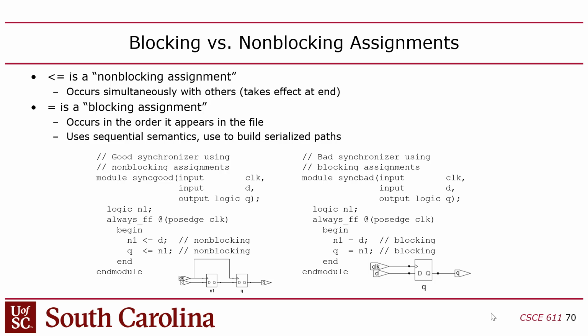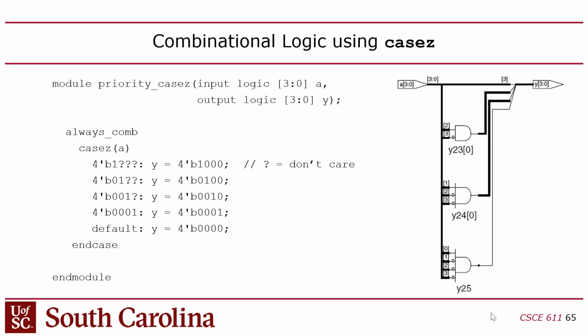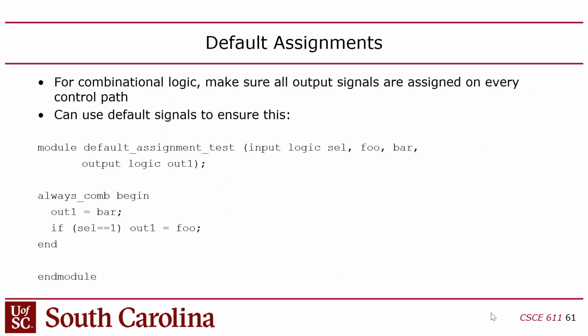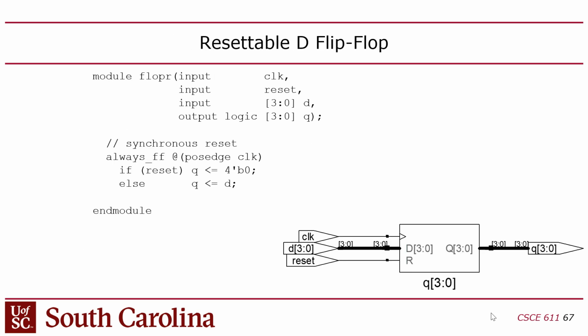Does that make sense? So let me clarify. If we go back to this example, the order of these lines of code actually does matter, because if I were to swap these two lines, then out1 would always get bar. It could never get foo. You guys with me? So there is some sequentiality within an always statement.